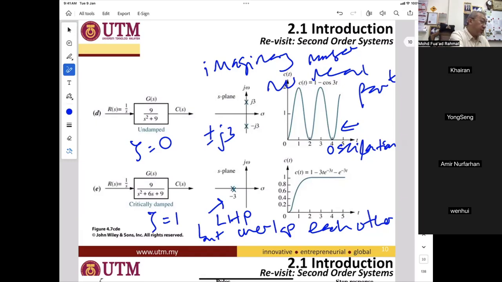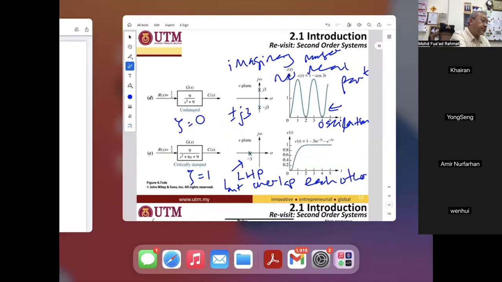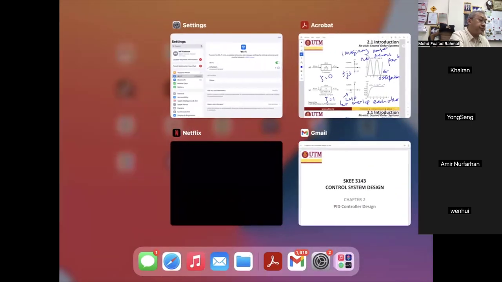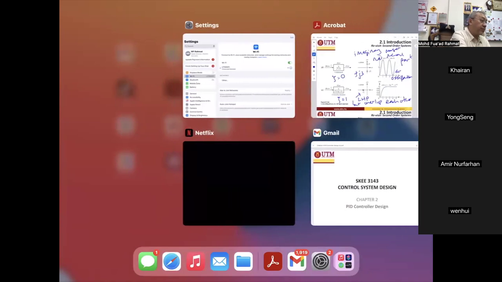So what is the next one? The number 5, negative damping.